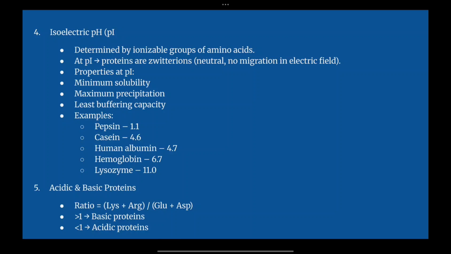If the ratio is greater than 1, it is a basic protein. If it is less than 1, it is an acidic protein. That is how you determine whether it is an acidic or a basic protein.